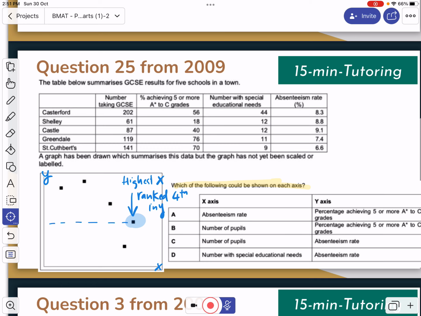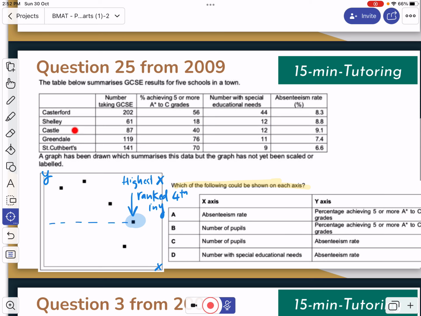Let's check that. Okay, first, according to A, which school is ranked the highest in absenteeism rate? You go to your table. This is absenteeism rate. Look at the highest. That will be this one, 9.1, and the school name is Castle.